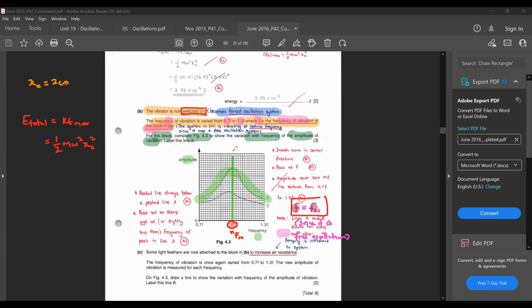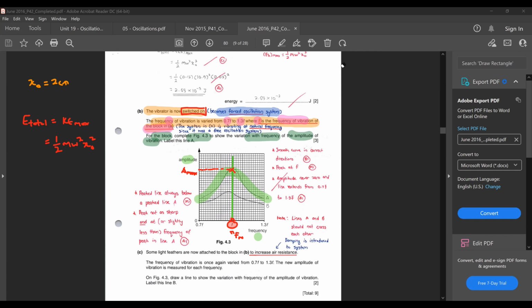But please make sure that the point where you have A max, maximum amplitude, coincides with your F, because it's only when your driving frequency equals natural frequency that you get maximum amplitude. So just draw the green line. It can be any line, slightly upwards like this or downwards like this. It doesn't matter as long as you have that general shape and the peak is at natural frequency.